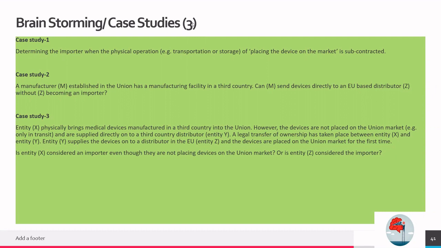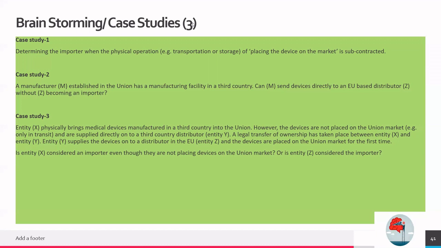So here the answer is, because the manufacturer is in Europe itself, there is no point of importation. The manufacturing is done in a different place, but it is coming into Europe under his supervision only.